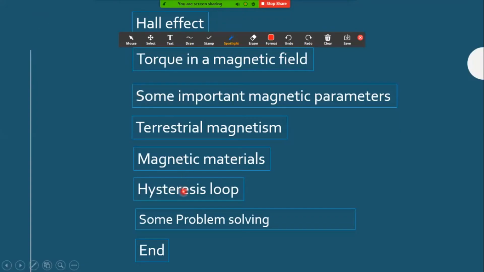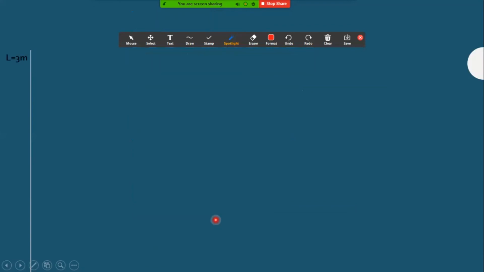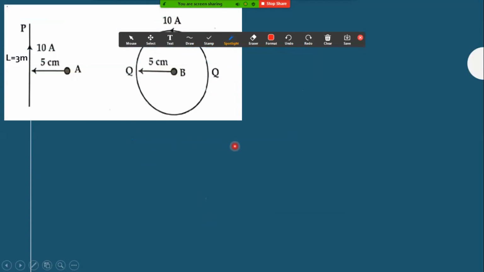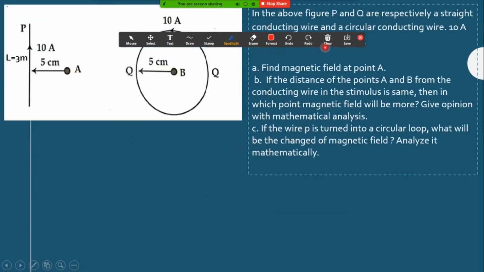Okay, my dear boys, now I am going to discuss some problems. Let's see. This is the stem, and here three questions are stated. Find the magnetic field at point A. I'm talking about the magnetic field of a straight wire.